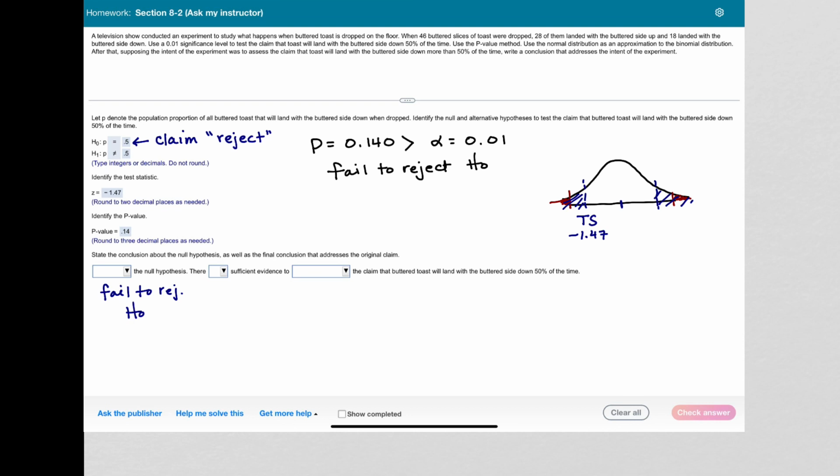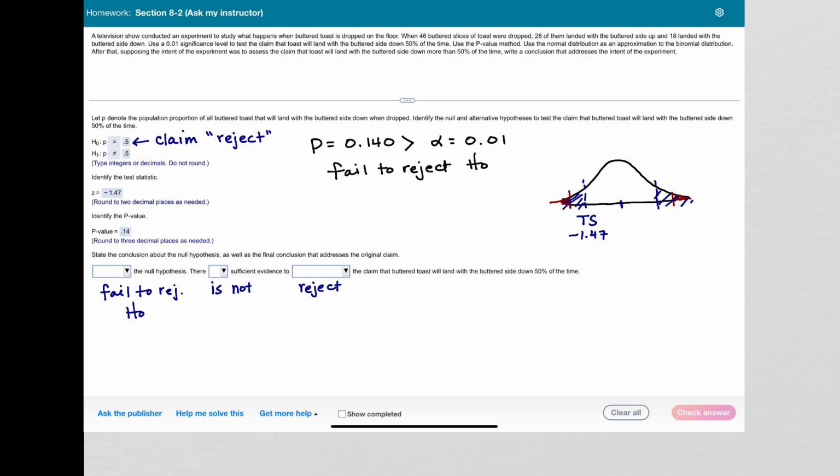So in this case, we are going to say there is not sufficient evidence to reject the claim that buttered toast will land with the butter side down 50% of the time.